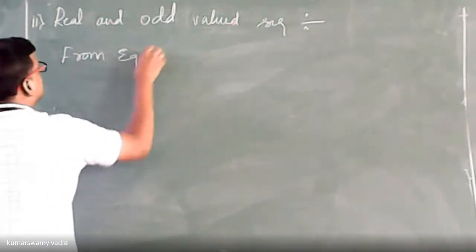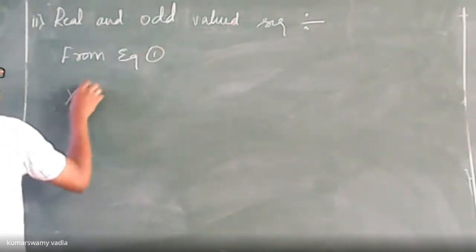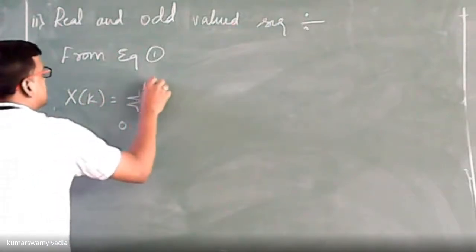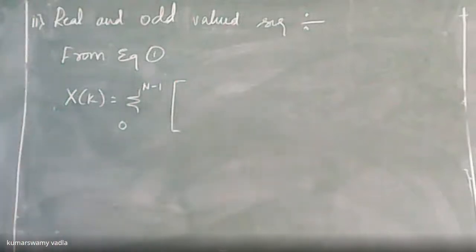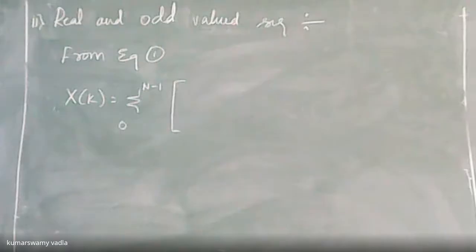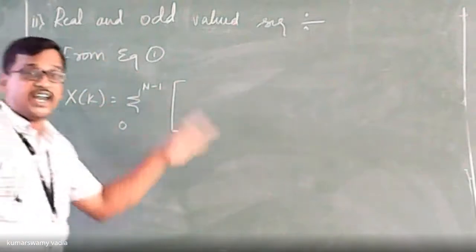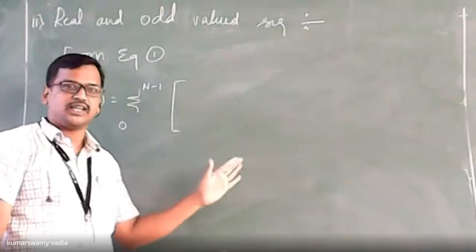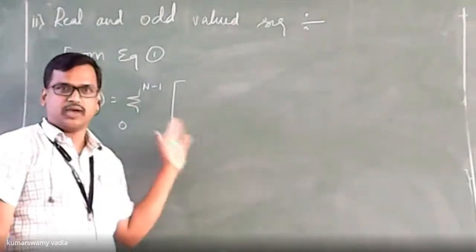From equation 1, x of k is equals to 0 to n minus 1. What is first term, please? Should we consider first term, friends? Real terms, sir. First one is real with cosine. You should neglect that. Why? Cosine terms, sir. Because cosine is even. So I am neglecting that.